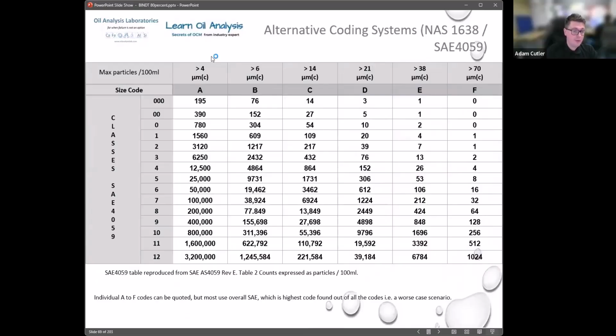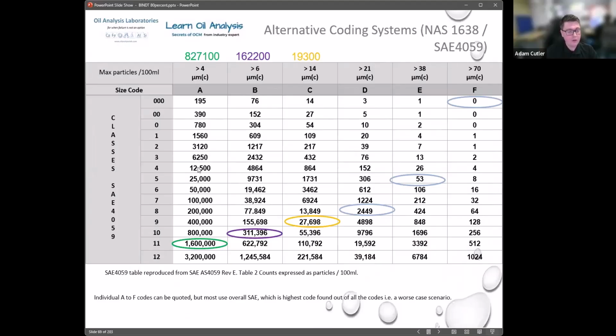If you work with a lot of other systems, such as in aviation, you may come across the NAS system, or SA4059. This works a very similar coding system, but it works on the worst case scenario. In aviation, you work on the very worst case scenario in all of these. So we get a cleanliness code that goes all the way from triple 0 to 12.